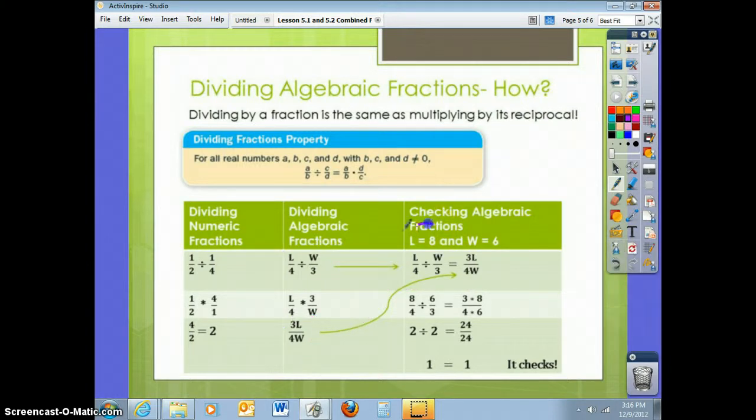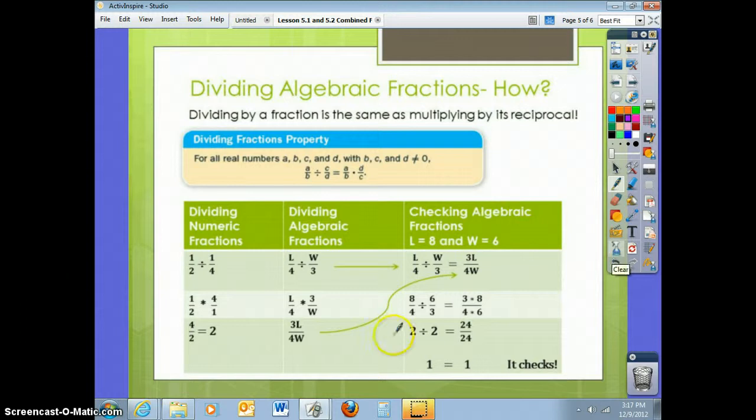So we're going to use 8 and 6 again like we did in the last example. So L over 4 becomes 8 over 4. W over 3 becomes 6 over 3. And 3L over 4W becomes 3 times 8 over 4 times 6.